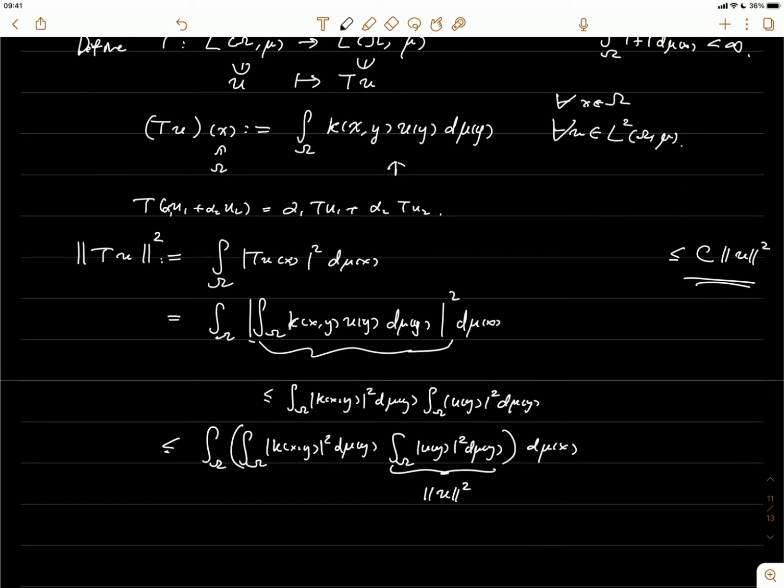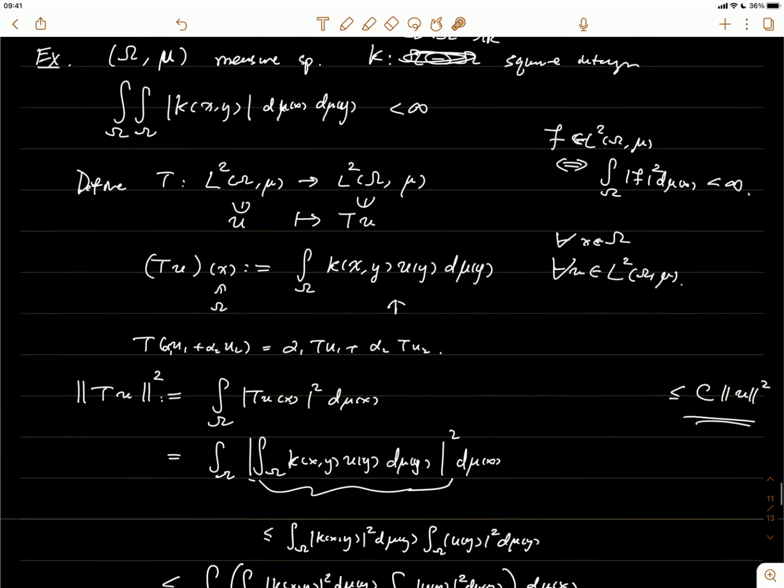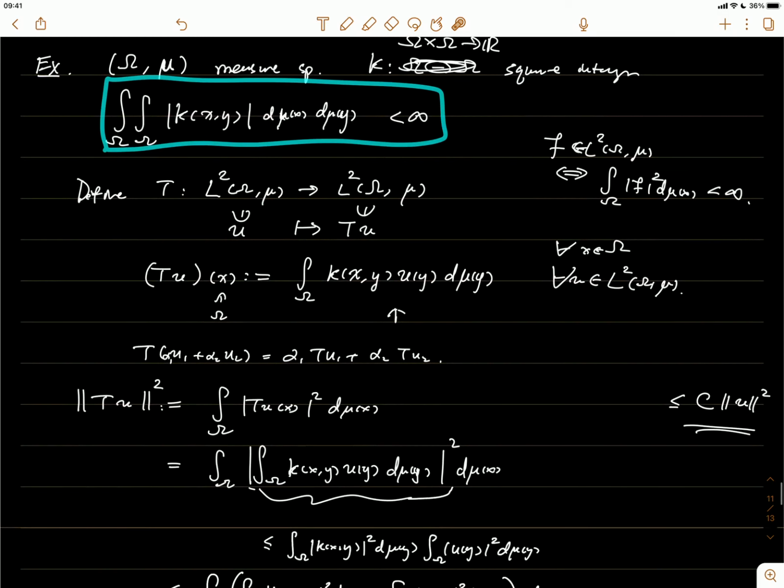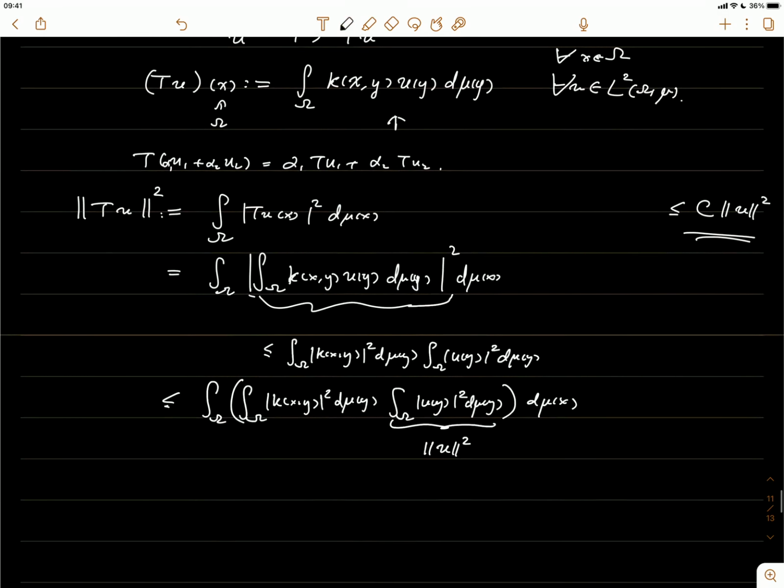And the rest is this integral d mu y with that, and also another d mu x. And that is, according to our assumption here, square integrable. Sorry, this should be square integrable. So that's why it's bounded by the integral of k(x,y) squared d mu y d mu x.